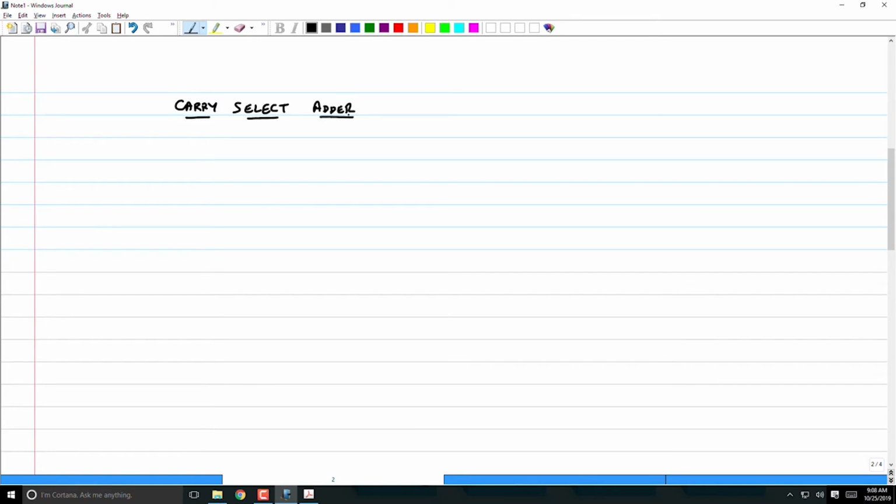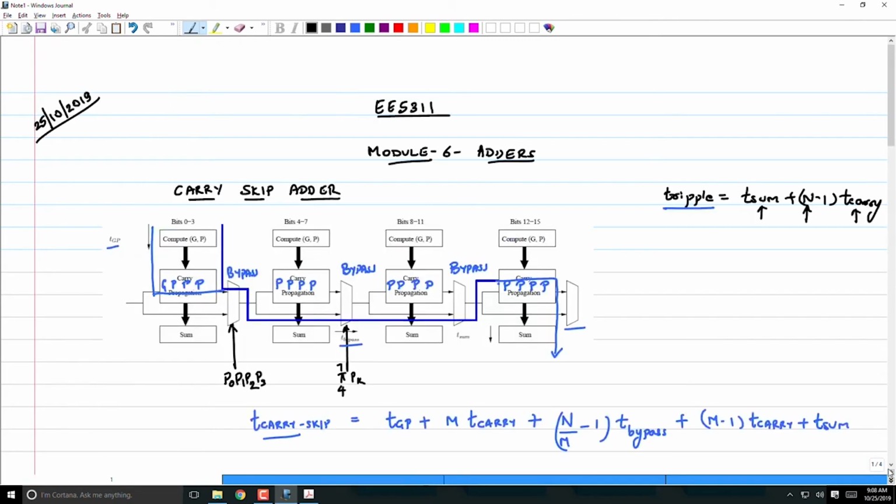In the last stage of this carry skip adder, right here, we had to wait for the carry to actually ripple through and then produce the sum outputs. Can we do better than that? Can we avoid that rippling? Is the question.